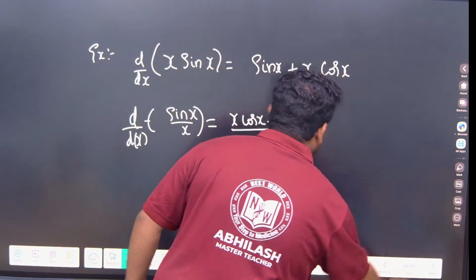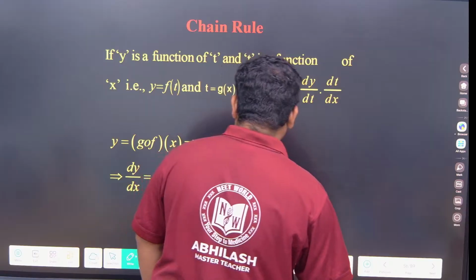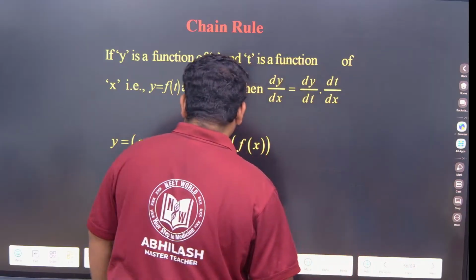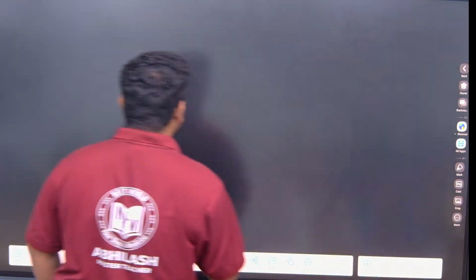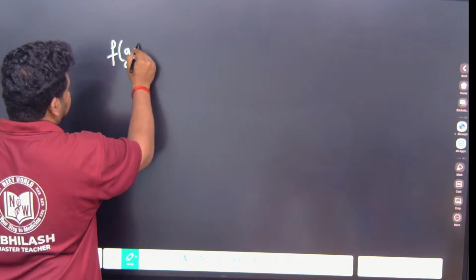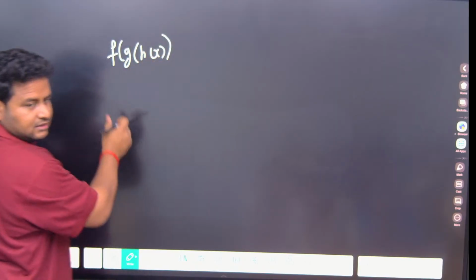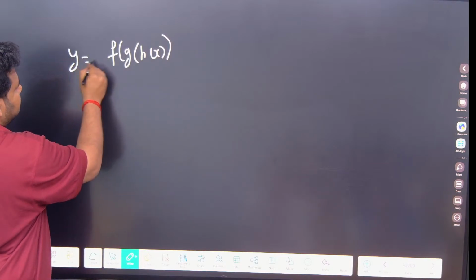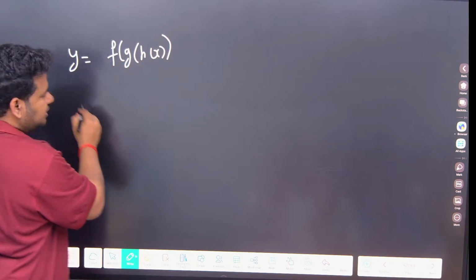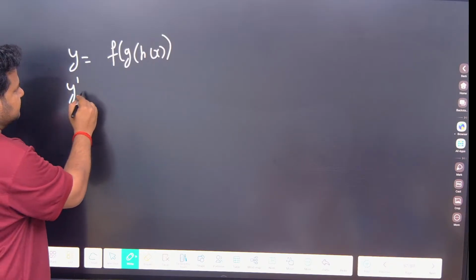Now, one more very important thing is the chain rule. If a composite function is given, say y is equal to f of g of h of x, then y dash, that is dy by dx, which we write as y dash or y1, will be what?